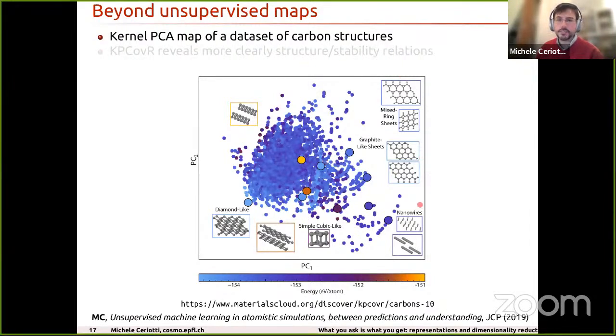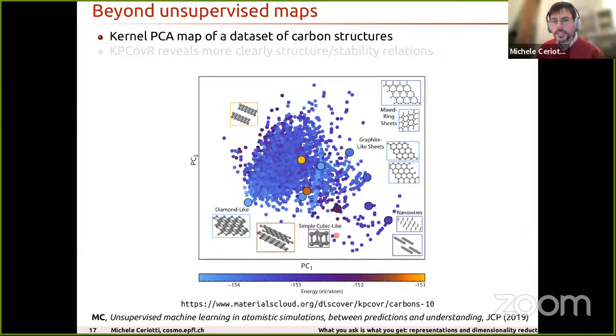So this is a typical map. You might have seen something similar in hundreds of talks. This is a two-dimensional map of a data set of hypothetical carbon structures from a high-throughput structure search. You could have done the same with the structures of a protein along a long trajectory.